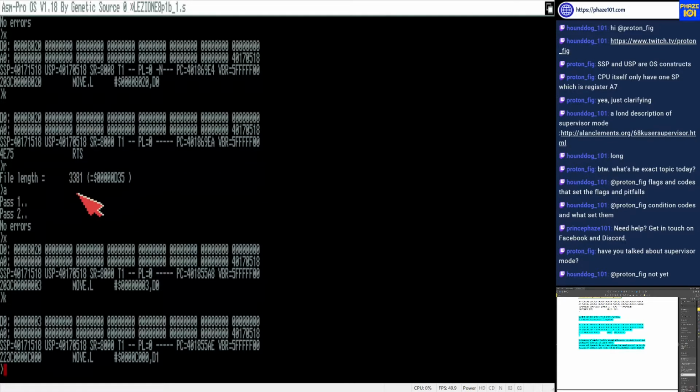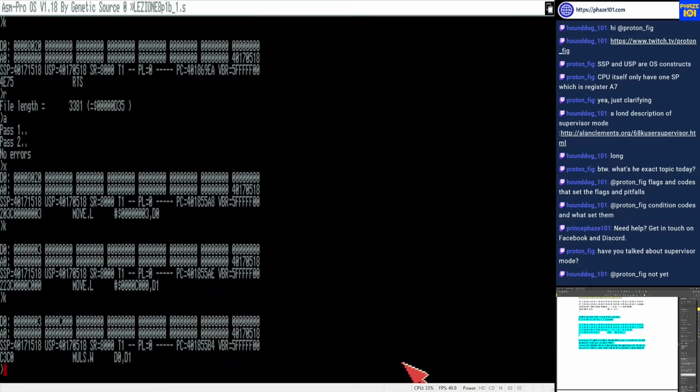So the first instruction, we just move a value into D0, and you can see that when I executed it, it went into D0. We're going to do the same for the next instruction, and it should go into D1, which you see here.